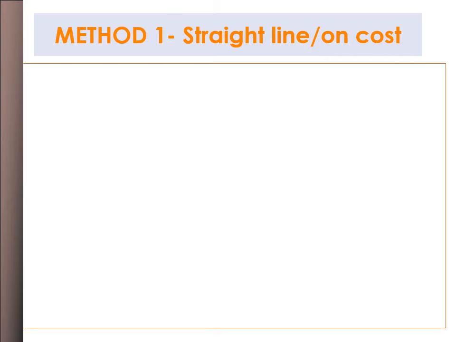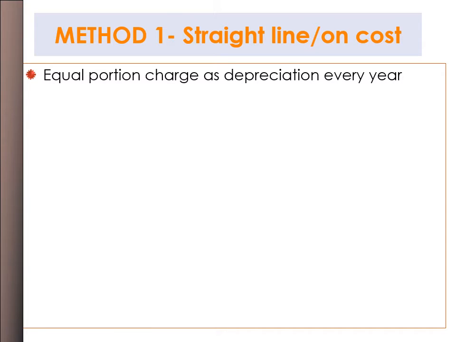There are two methods actually in calculating the depreciation of your tangible asset. The first method we call the straight line, or in some books it says depreciate on cost. Using this method, your depreciation is the same amount every year, so you have equal portions to be charged in the depreciation account.